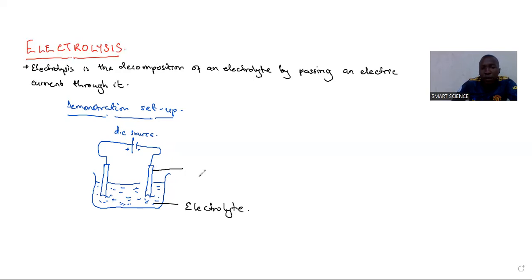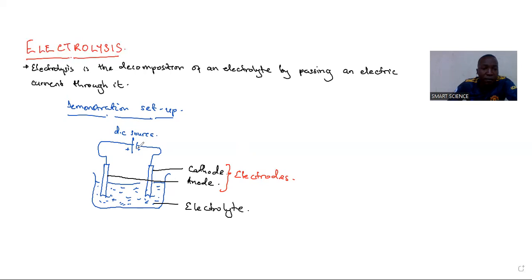The terminal connected to the negative terminal is going to be called the cathode, and the other, connected to the positive terminal, is going to be called the anode. Collectively, both terminals are known as electrodes.